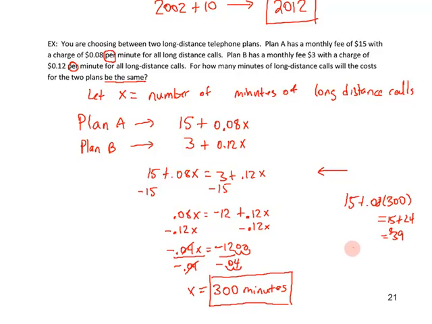The Plan B would be $3 plus 0.12 times 300. That's 3 plus 36, which is also $39. So that checks. This is just a way of checking my answer right here. So that proves that my answer, 300 minutes, is correct.